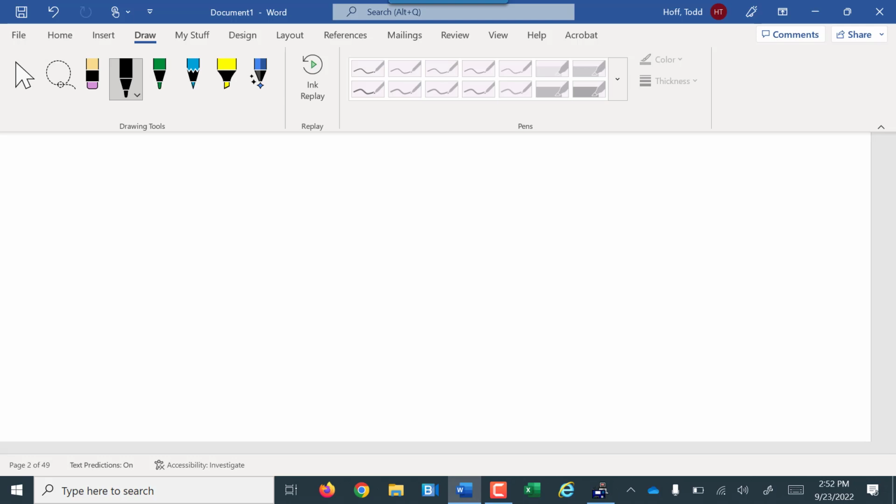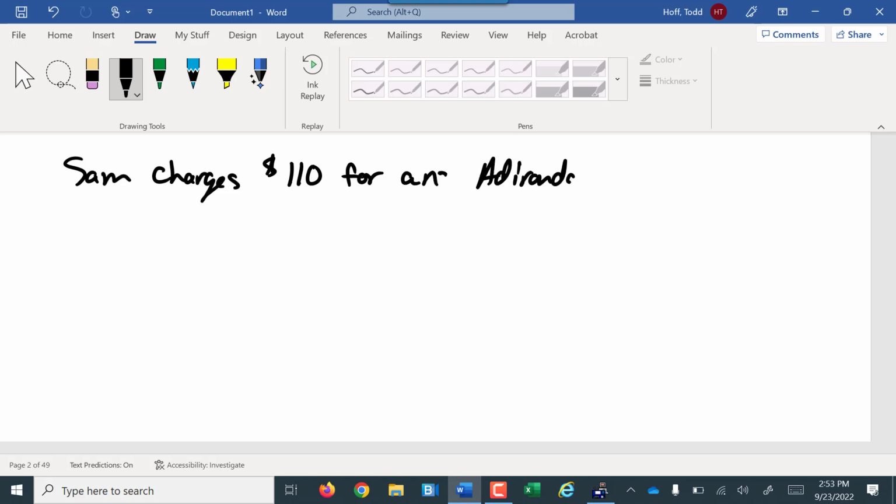Well, let's take a peek at this. Sam charges $110 for an Adirondack style chair.